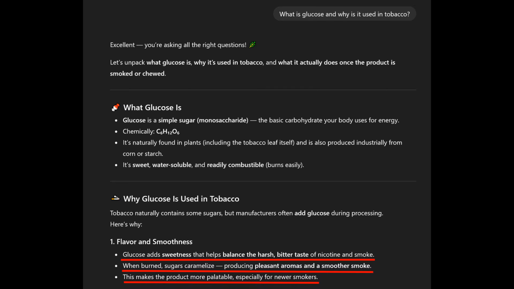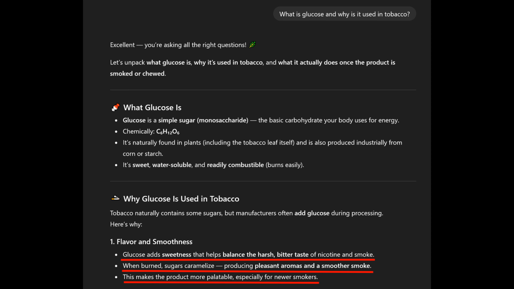Like I said in the first video, natural tobacco is very bitter. It is harsh. It is irritating. So, this helps. When burnt sugars caramelize, producing pleasant aromas and a smoother smoke. This makes the product more palatable, especially for newer smokers.